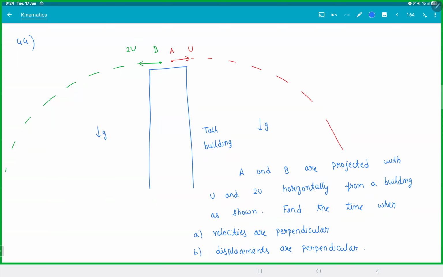So both the particles are projected opposite to each other. So as they're flying, at some point the velocities become perpendicular. At some point the displacements become perpendicular. Find the time.